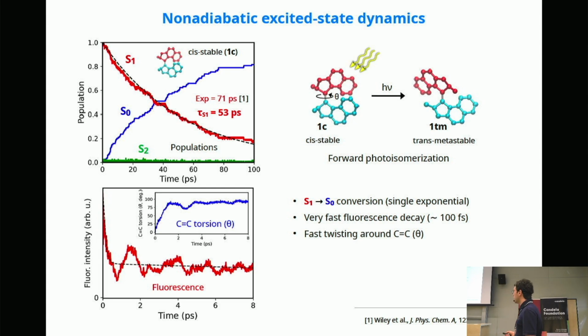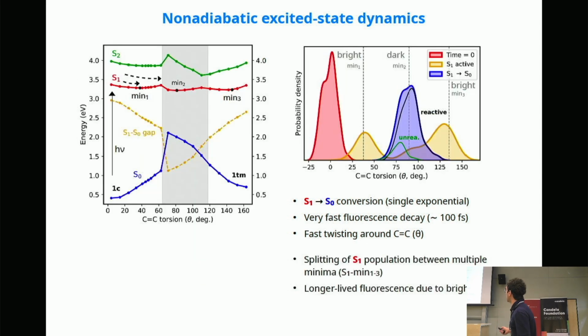We also computed in this simulation the fluorescence emission, and here we see a fast decay of the fluorescence emission that we assign to the fast decay of the Franck-Condon bright state, which is followed by a slower decay of a weaker emissive state. To understand the origin of this weaker emissive state, we analyzed the molecular geometries visited along the surface hopping trajectories.